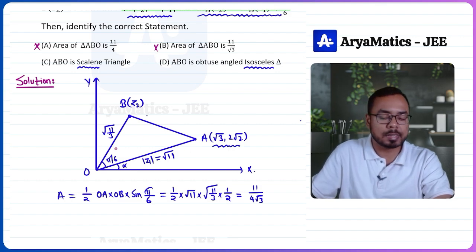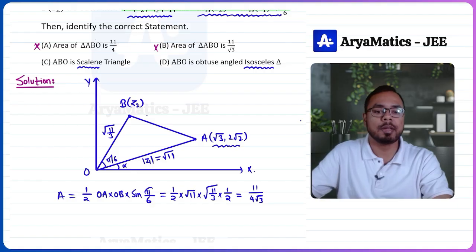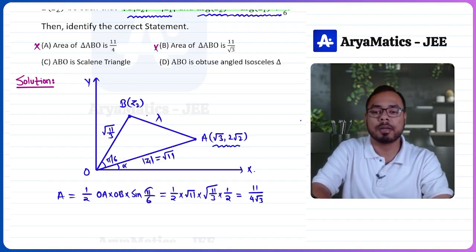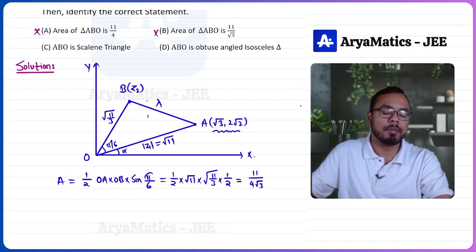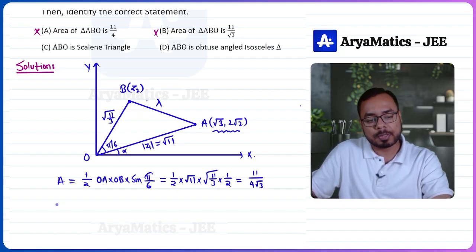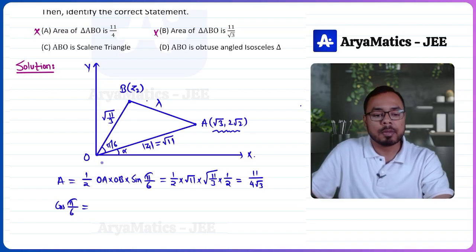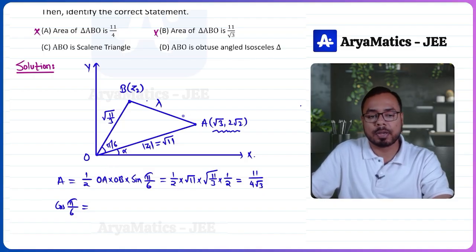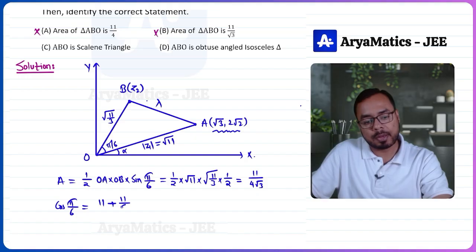Now let us find the third side of the triangle and then try to identify which of the options C and D is the correct option. So let us say this third side AB is lambda. Now in order to find this third side, we can use the cosine formula. So that means cos of pi by 6, right? Cos of this angle will be OA square plus OB square minus AB square, divided by twice OA into OB. OA square means 11, OB square means 11 by 3, and then minus lambda square, right?